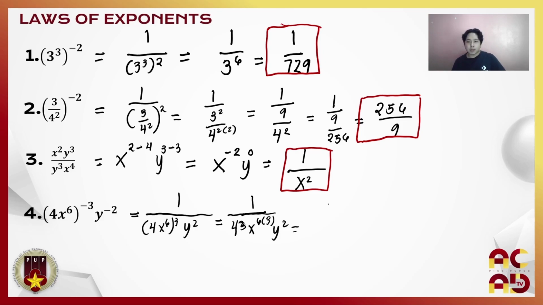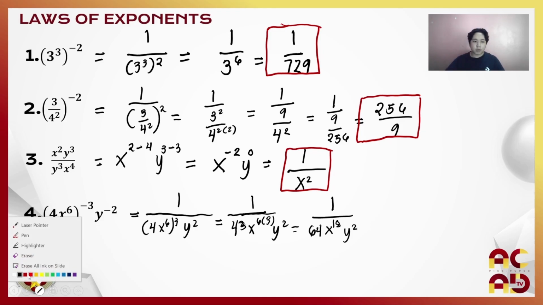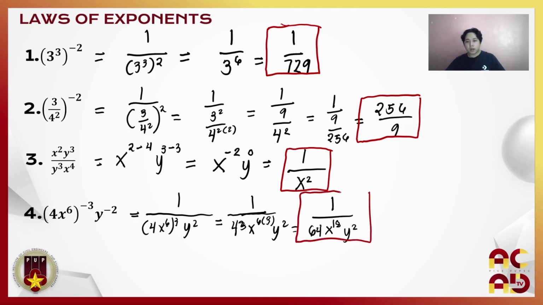Okay? So, magiging 1 over, simplify natin to. Yung 4 cube is equivalent to 64. Then, x, 6 times 3 is 18. Then, copy yung y squared. So, this will be the answer for our sample problem number 4.